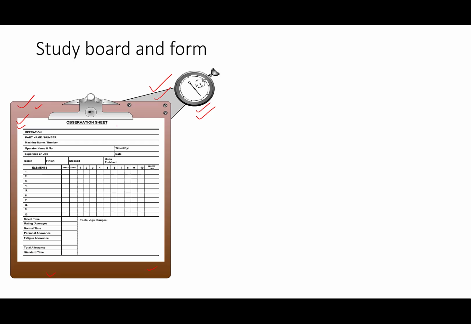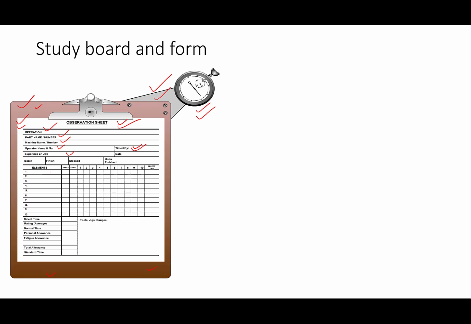In the observation sheet you will see different details like the operation being studied, the part name or object, the machine name or operator name, the experience of the operator on the job, and the work study man or time study man. There are different designs of the forms.